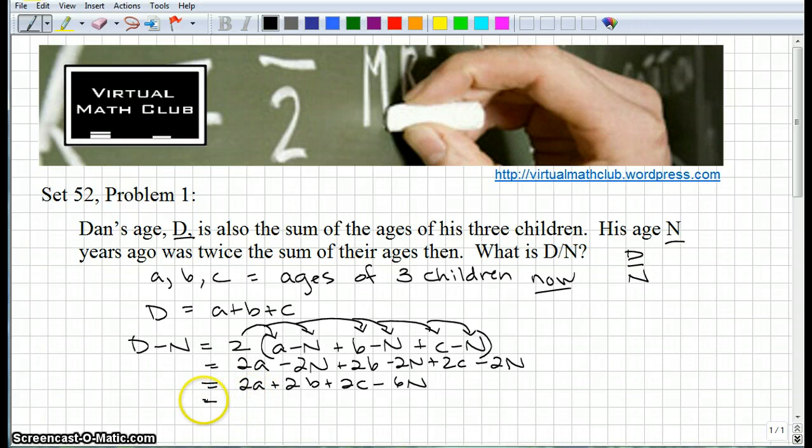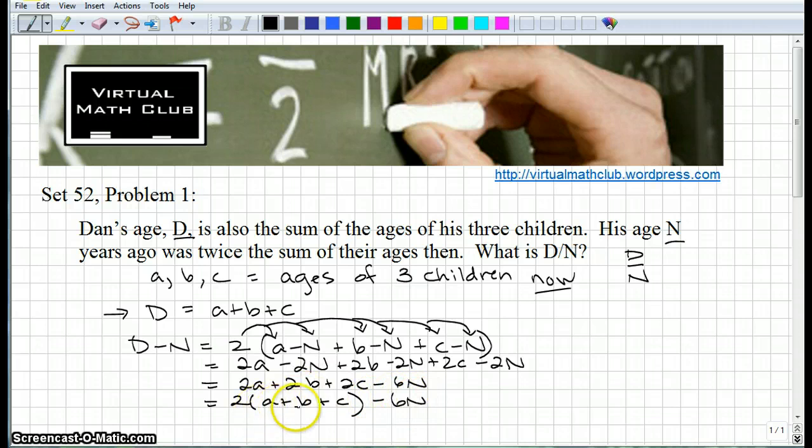And then I'm also seeing here, I got a common factor of 2 in these 3 terms. So I'm actually going to factor that out. I know I just distributed, but now I'm going to factor it out because I see a substitution I could make. Because I already know A plus B plus C is equal to D, right? So let's finish writing this out here.